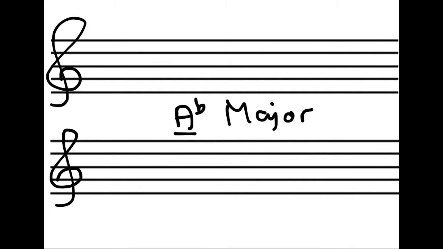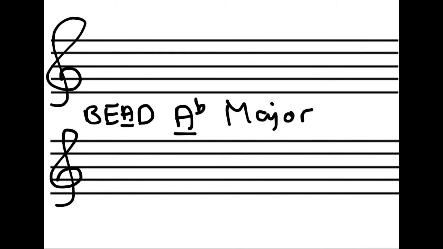And remember, the flat rule is blanket explodes and Dad gets cold feet. So blanket explodes and, so there's where the A is, and count a word forward, Dad. Okay, so blanket explodes and Dad. And that's it. So A flat major just has the 4 flats, B, E, A and D.